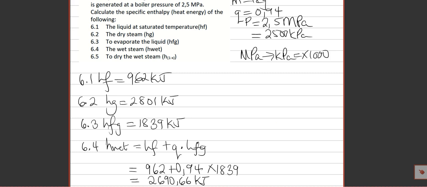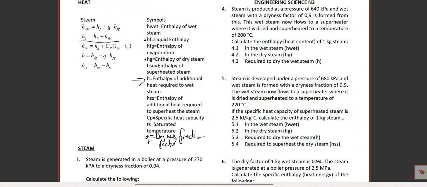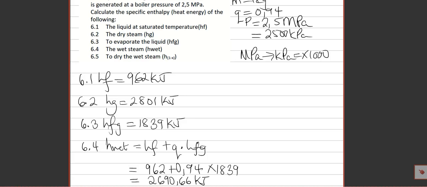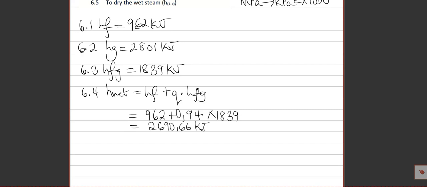Enthalpy required to dry wet steam. Yes. So in our case, we know it as H. There are two formulas for this. I'm not going to find the other formula, but the alternative one is this one here: HFG minus Q HFG.